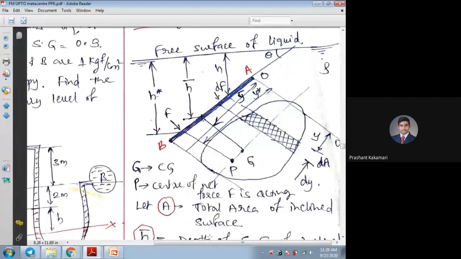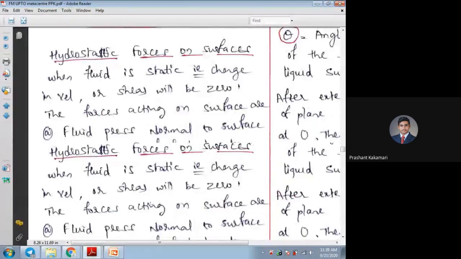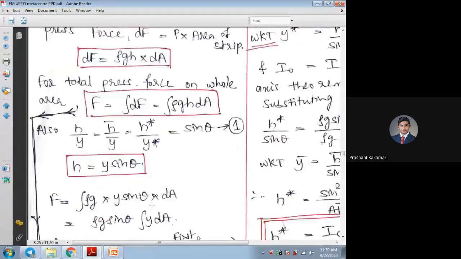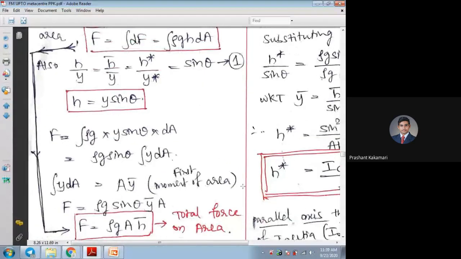So this becomes the first moment of area. So one can write the integral of y dA as A into y bar, where the forces are concentrated at the center of gravity. So now the total force acting on the total area is F equal to rho g sin theta y bar into A.